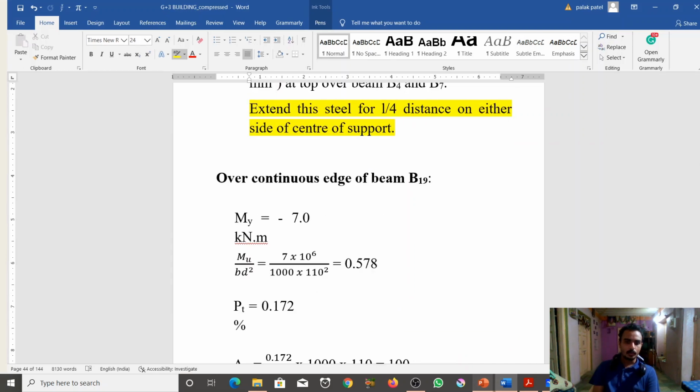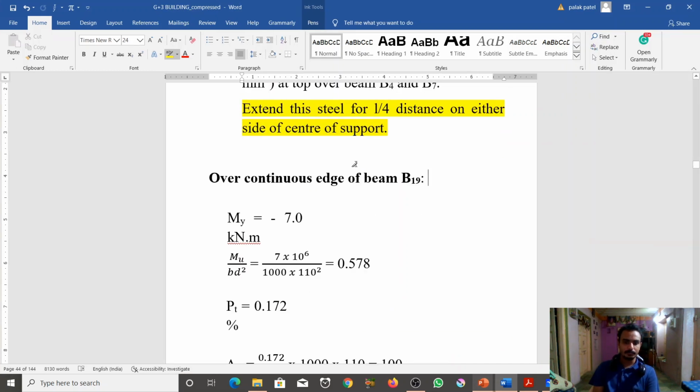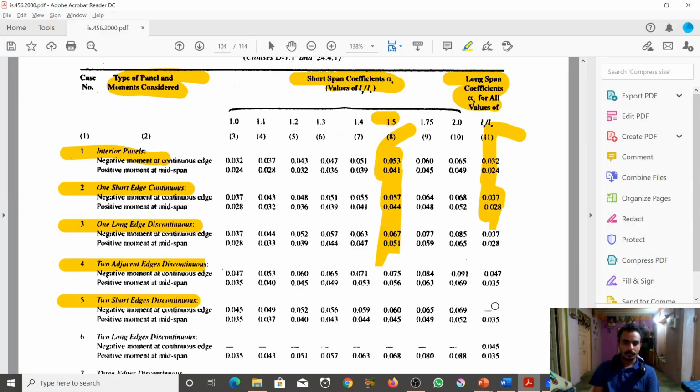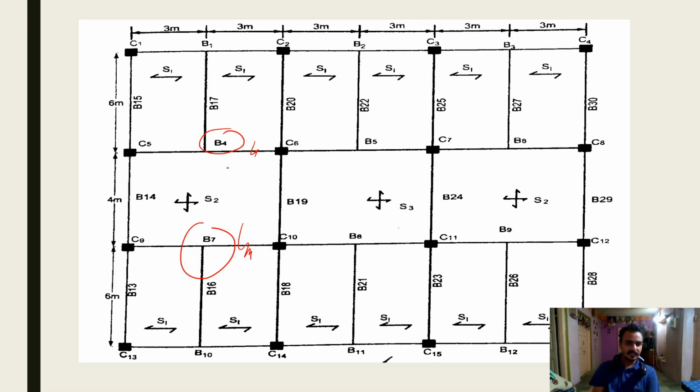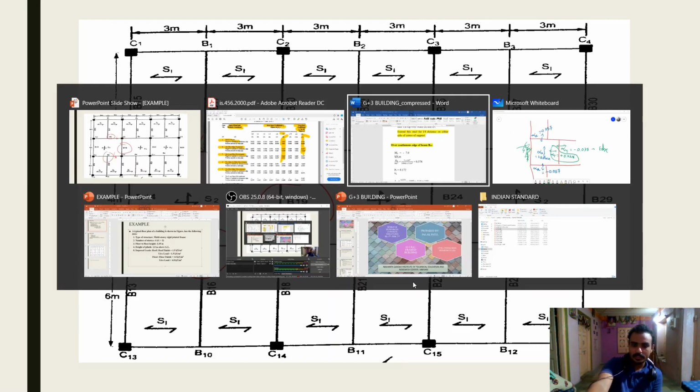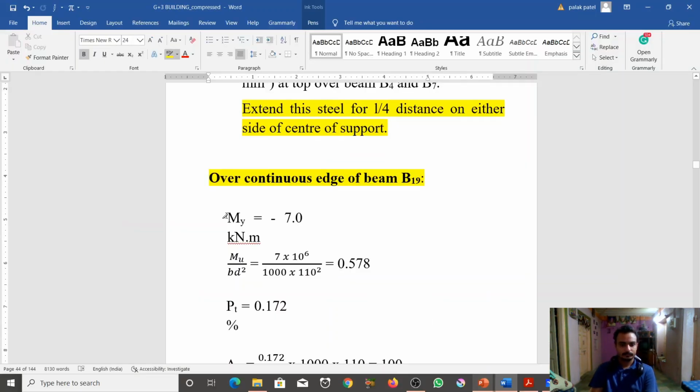And next, over continuous edge of beam B9. B4 and B7 design completed, we have to design B9. For B9 we have to use My negative, My minus 0.7.